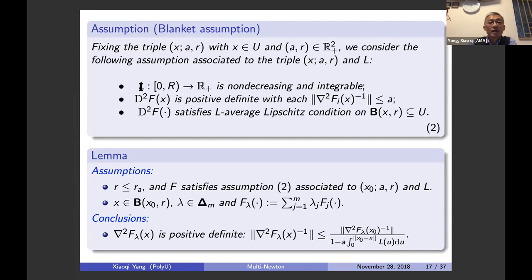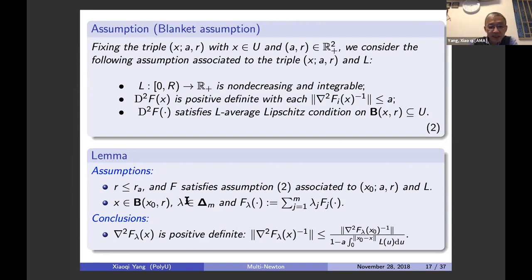The second assumption is that the Hessian is positive definite, and its inverse is bounded by this particular constant. We also assume the Hessian has the L average Lipschitz property on this open ball within this open set.